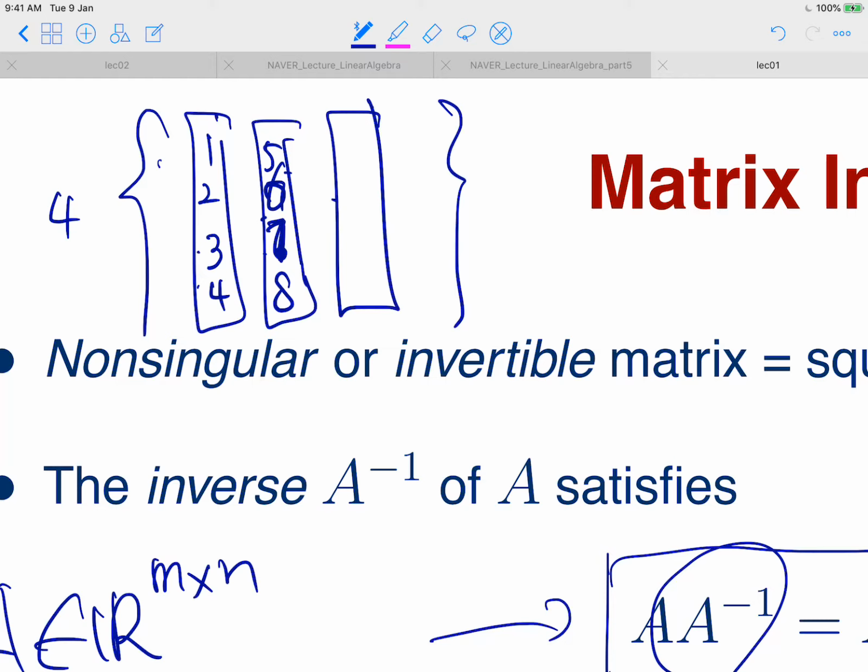And then let's add the second vector. If it is pointing in a different direction from the first one, it increases the span of these two vectors, right? In that case, the span of these two will be increased from a line to a plane, right?